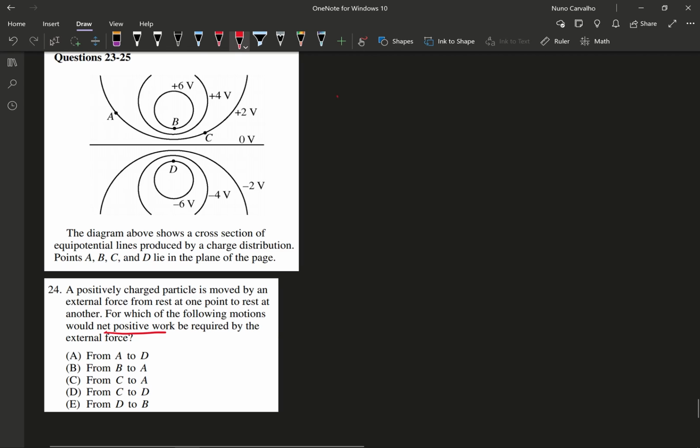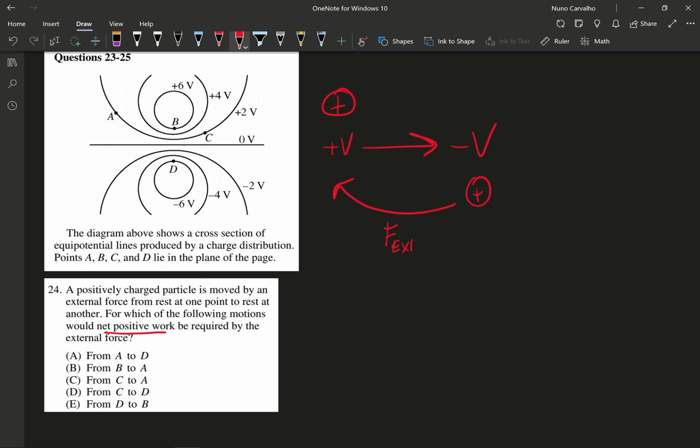So naturally, a positive charge would be going from a place of positive potential to a place of negative potential, which is to say that really what's happening here is that we're moving a charge from negative potential to higher potential by our external force.